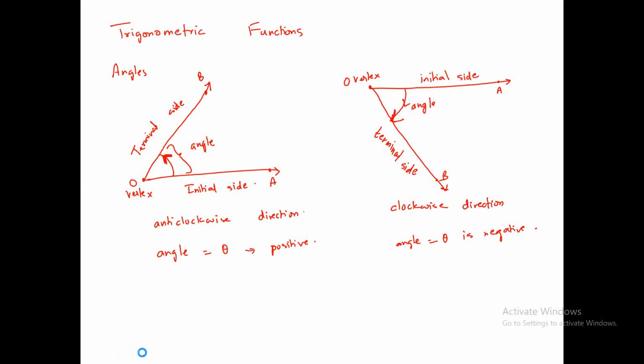Now, next page. If I take the vertex O here and the line OA, the initial side, and if I start rotating this line and make one complete revolution, we did not stop in the middle.